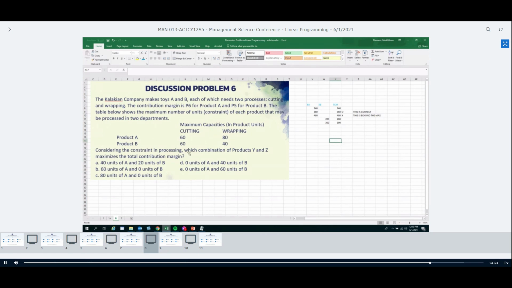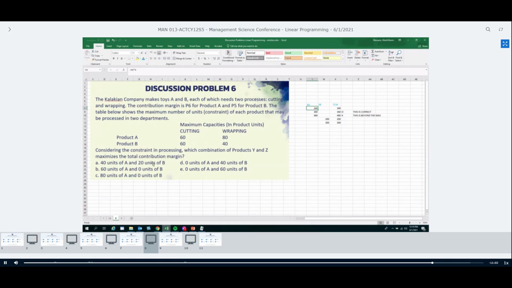Ngayon, class, ang atake for this type of product is isa-isa na lang natin. So, tingnan mo ha. Sabi, 40 units of A and 20 units of B. Kasi ang pinapakompute sa atin is yung maximum total contribution margin.